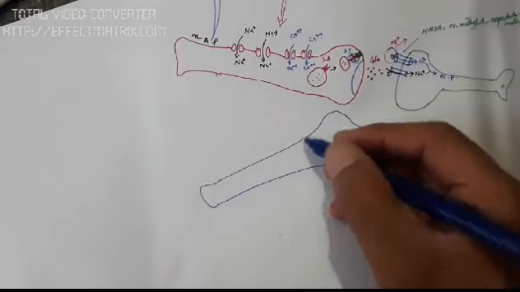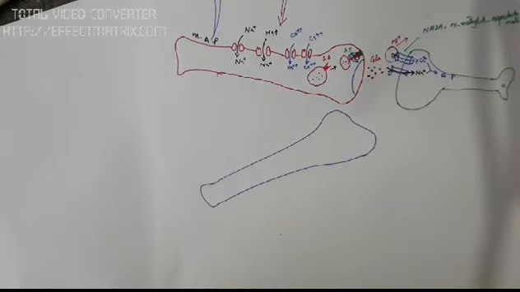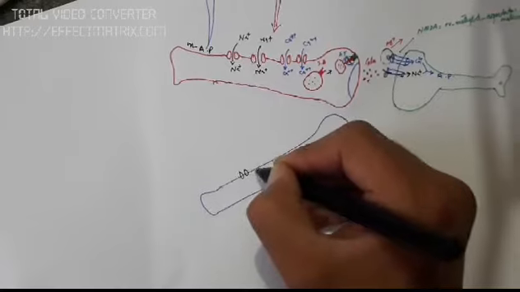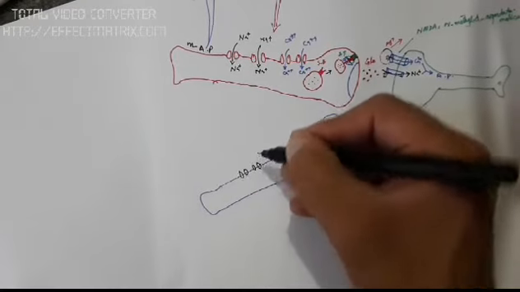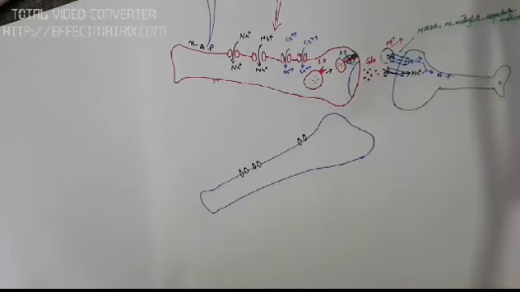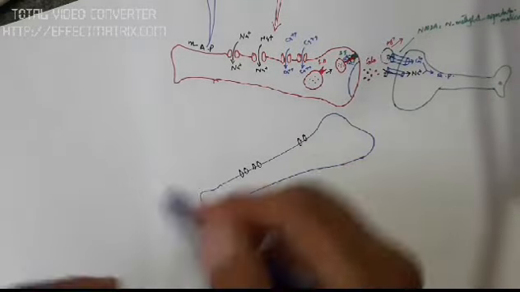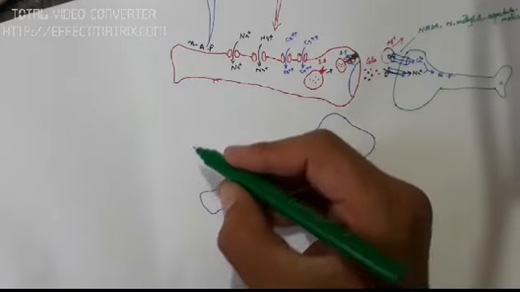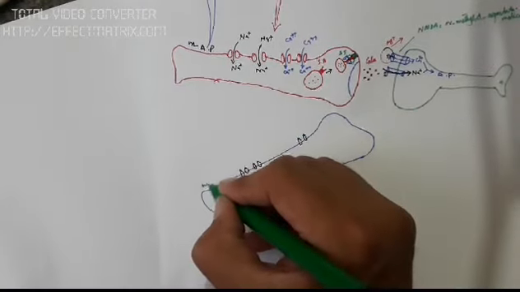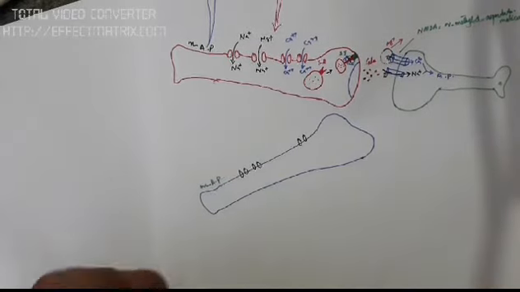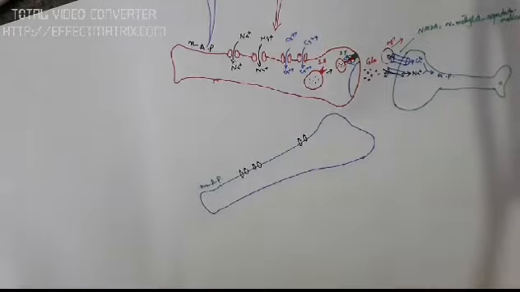Let us draw here another neuron. This is the inhibitory neuron, and this also has sodium channels. For example, an action potential comes here. It will cause the sodium ion to come in.